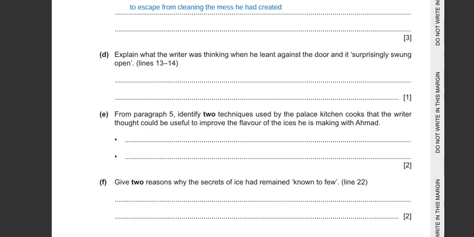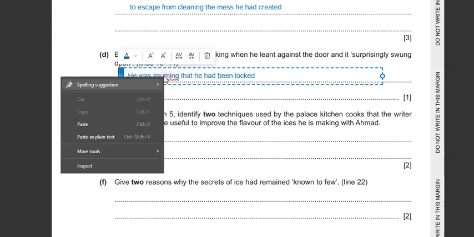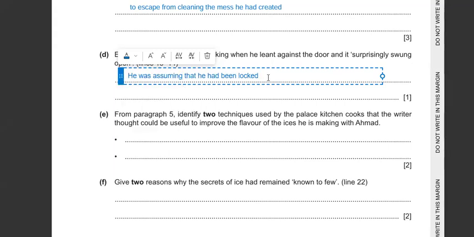So he was assuming that he had been locked inside. Sorry, let me just enlarge my text box.